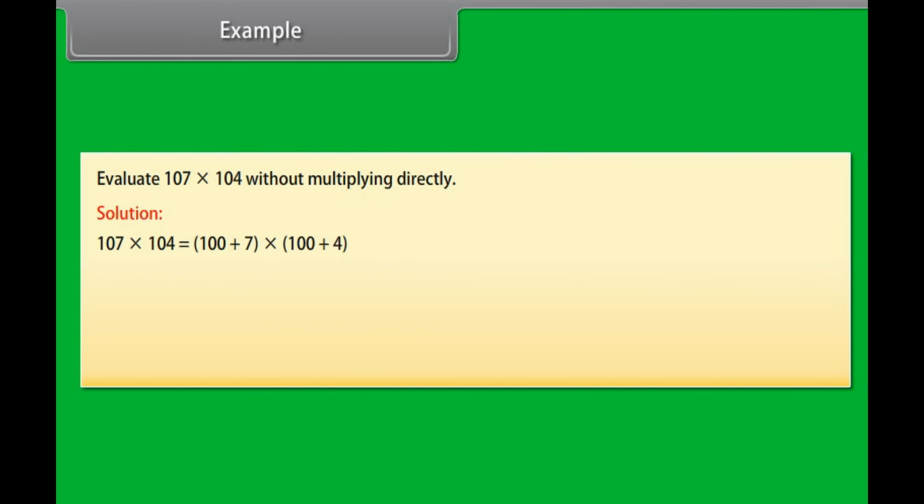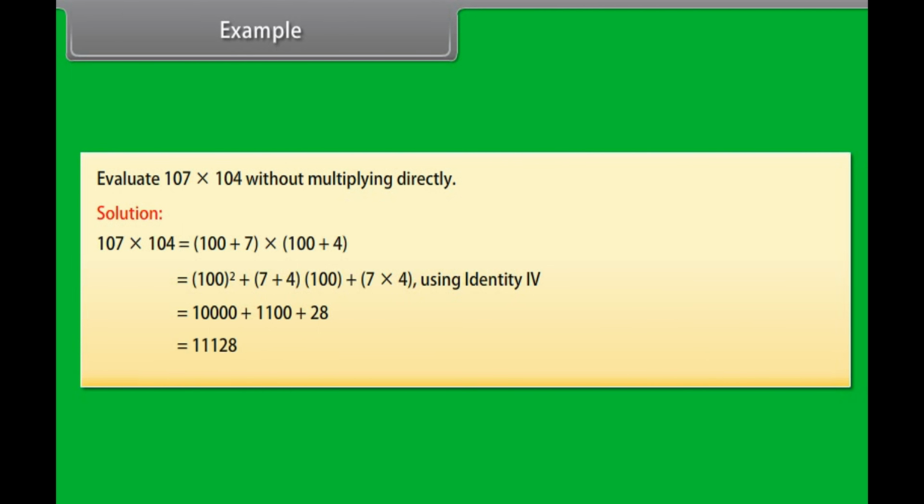Solution. 107 into 104 is equal to 100 plus 7 into 100 plus 4, which equals 100^2 plus 7 plus 4 into 100 plus 7 into 4, using identity 4, which equals 10,000 plus 1,100 plus 28, which is equal to 11,128.